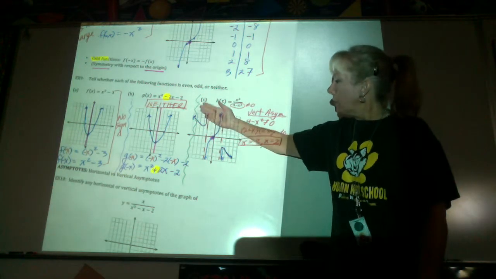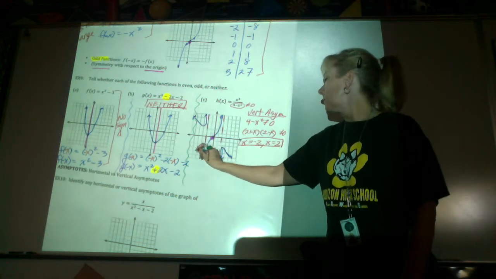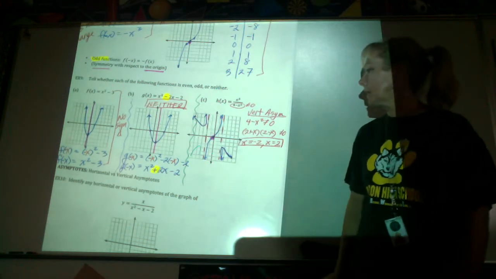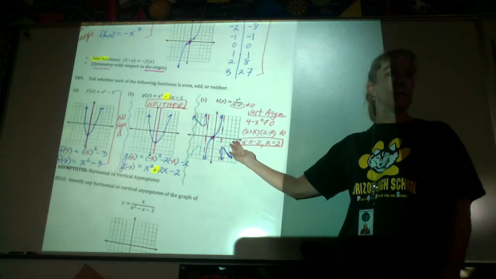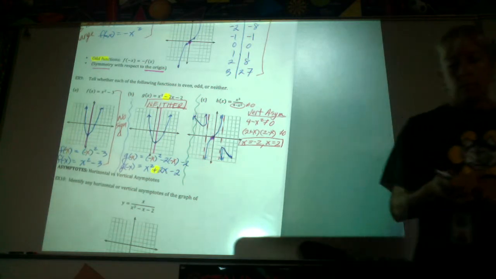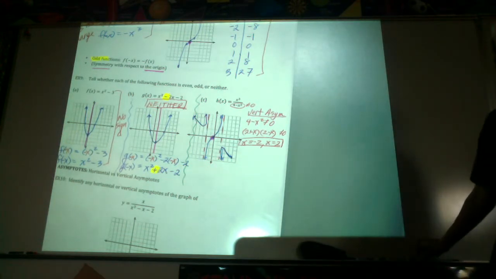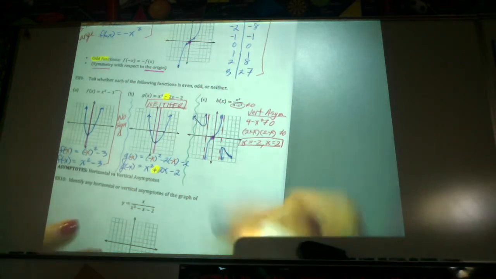And then this swoop here, I'm going to reflect over the x-axis. So it looks something like that, give or take. And then can't I reflect it over this way? So the swoop is also symmetric to the origin. So what kind of a function is this? Just by the graph, this is odd.